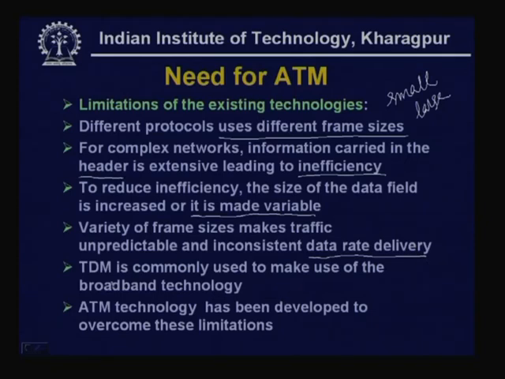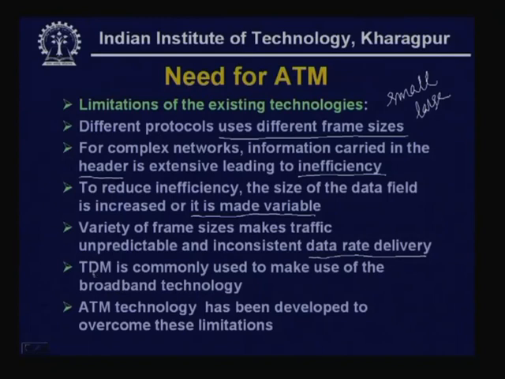And as we know, time division multiplexing, TDM, is commonly used to make use of broadband technology, because the transmission media being used has higher bandwidth. We would like to make use of the broadband technology, and for that purpose time division multiplexing is commonly used.